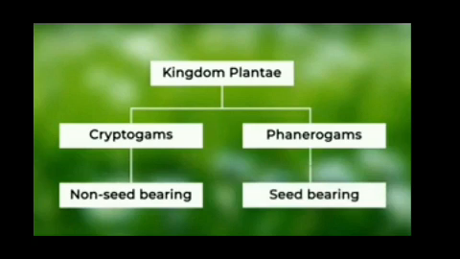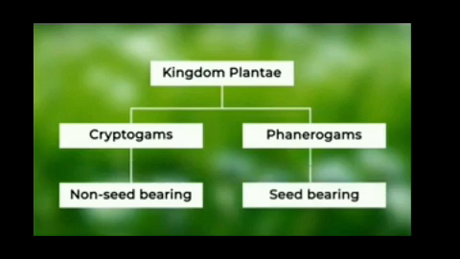In phanerogams, the seeds can occur in two ways. In one type, the seeds are enclosed by fruit. For example, fruits like apples, oranges, mangoes, tomatoes, etc. In these fruits, the seeds are enclosed by the fruit. In the second type, the seeds are not enclosed by the fruit.